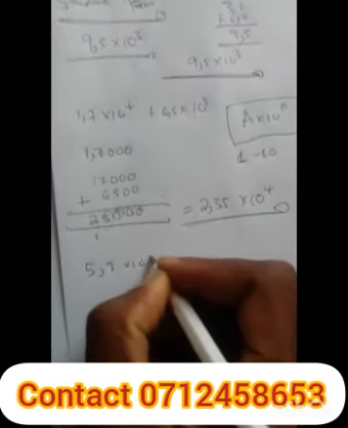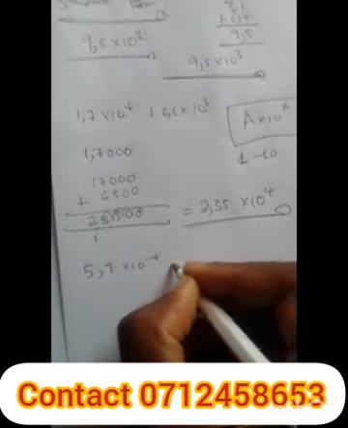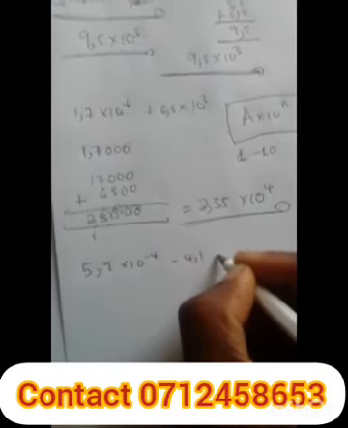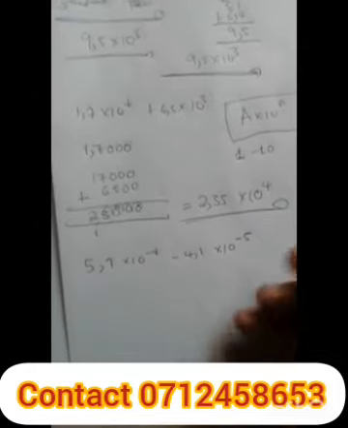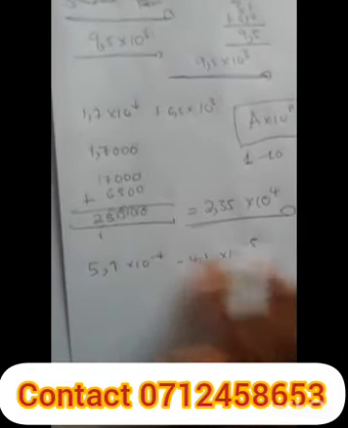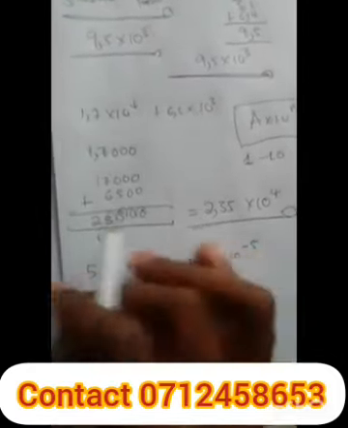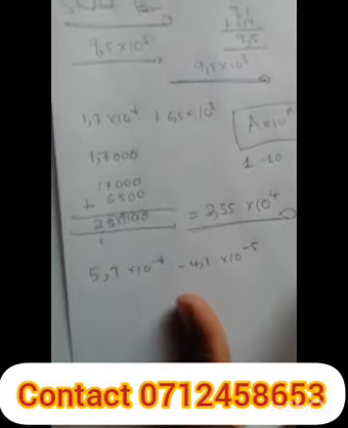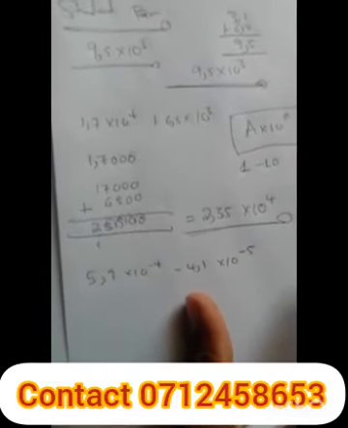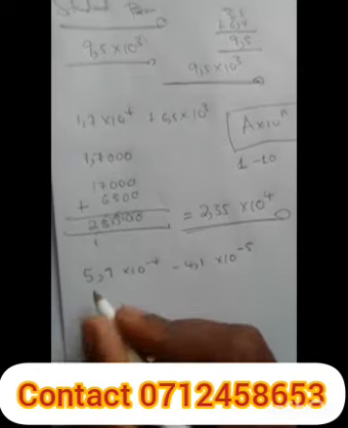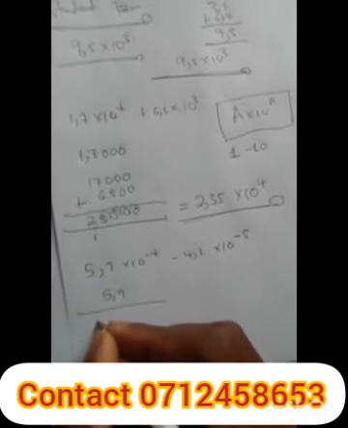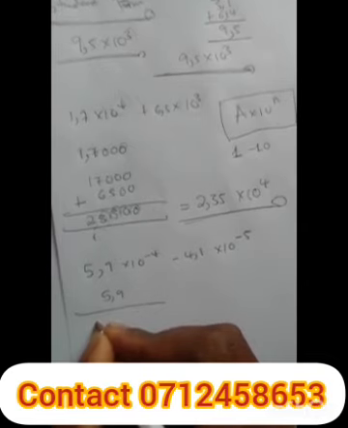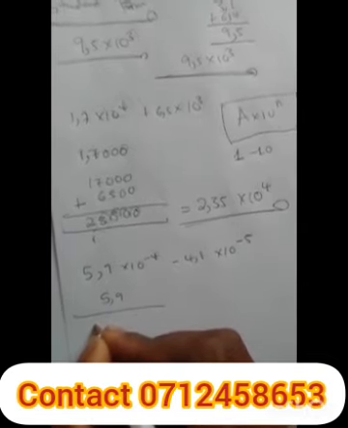5,9 times 10 to the power negative 4 minus 4,1 times 10 to the exponent minus 5. Alright, so we have got this problem now. Let's attend to this problem. Hope everybody is still listening. Initially, we know that 5,9 over 10 to the power, we have got how many numbers? I hope people are still with me.